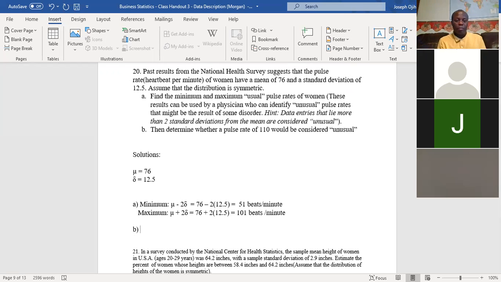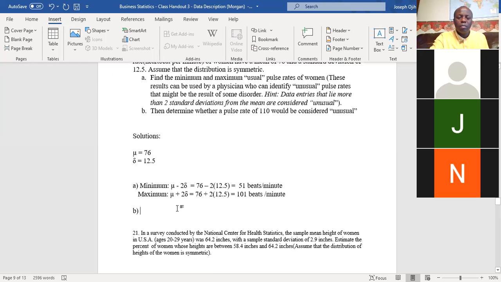Okay. Now part B says, then determine whether a pulse rate of 110 will be considered unusual. Now, a pulse rate of 110 bits per minute, when you look at it, you see that it doesn't fall within this range.